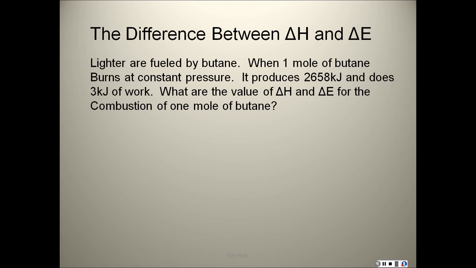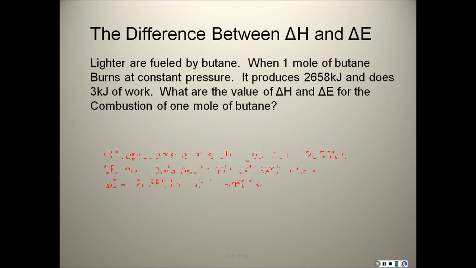When 1 mole of butane burns at constant pressure, it produces 2,658 kilojoules of heat and does 3 kilojoules of work. What are the values of delta H and delta E for the combustion of 1 mole of butane?